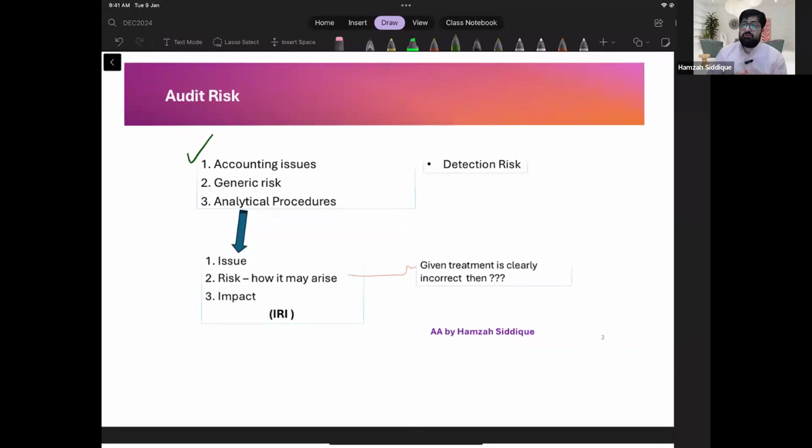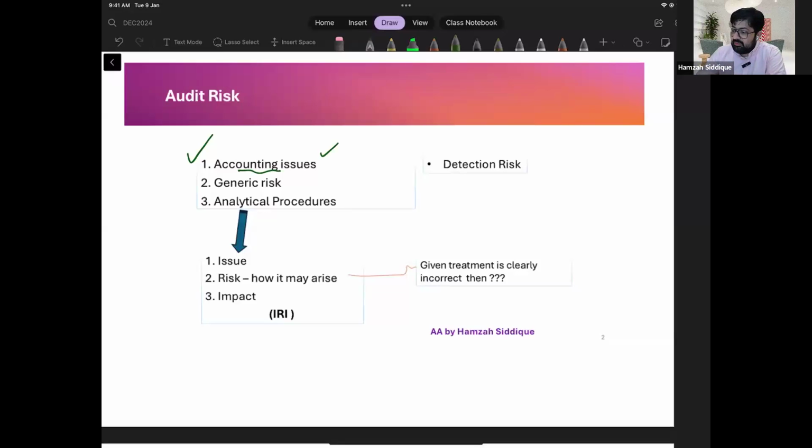Some accounting issues: valuation of inventory, IAS 2 might be there. So you may find some sort of accounting issues that can be declared as audit risk. And of course, you will find 3-4 points easily in every question of the past paper, which are on the accounting issues.